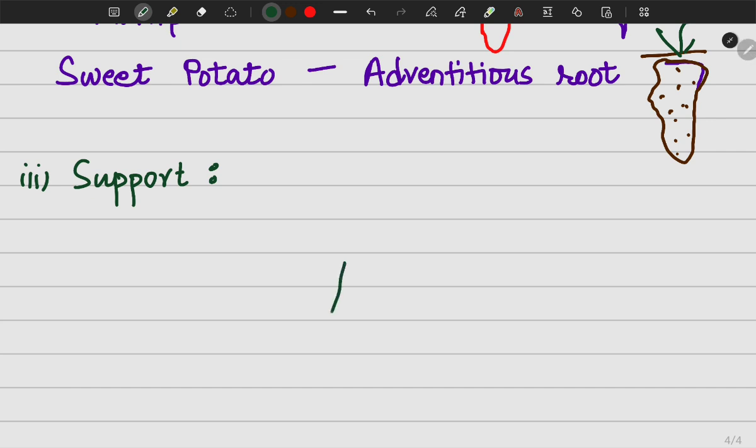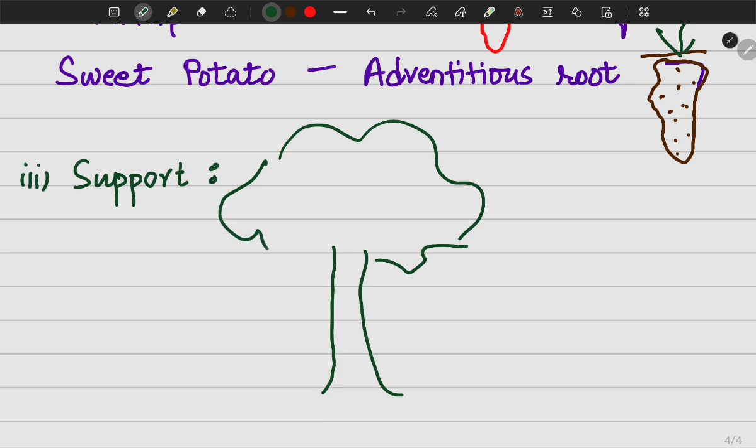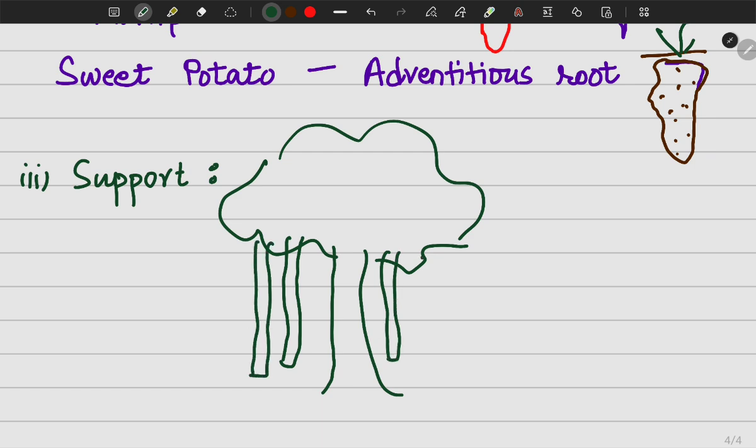So if this is a banyan tree, you must have seen hanging structures coming out from the tree. So what are these structures? These are nothing but the modified roots of the banyan tree, and they provide support to the plant.